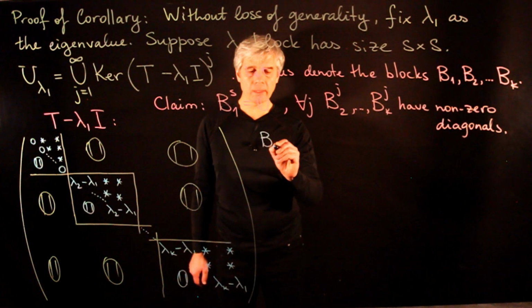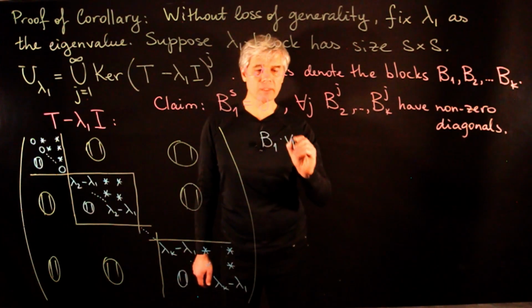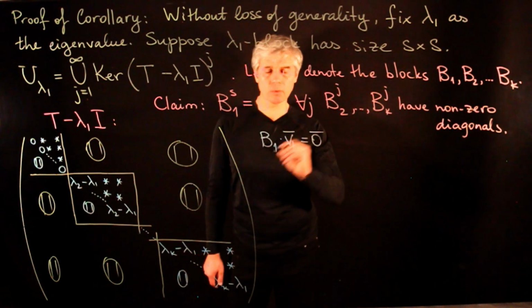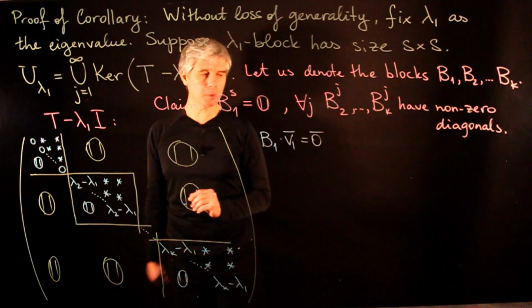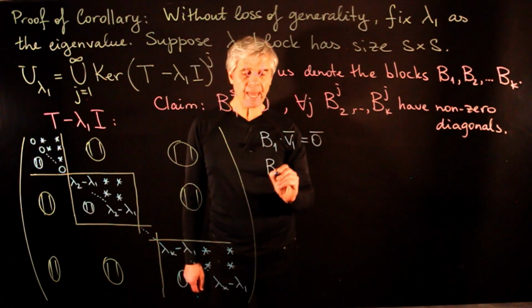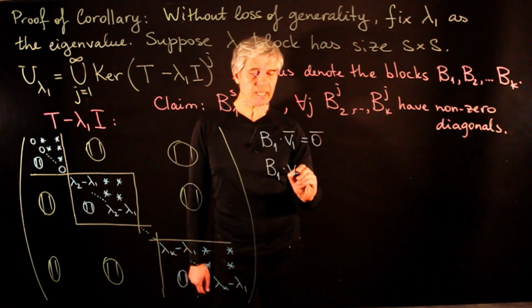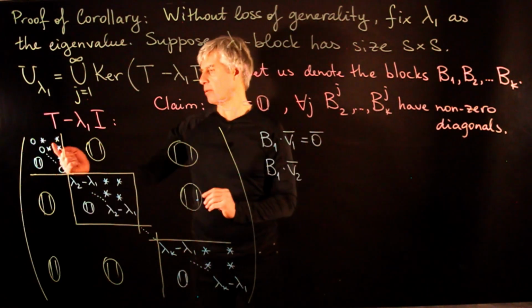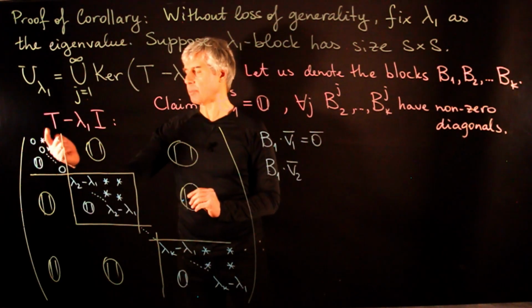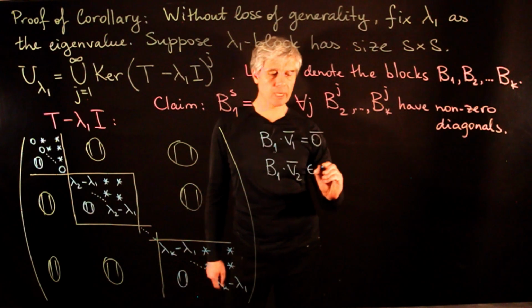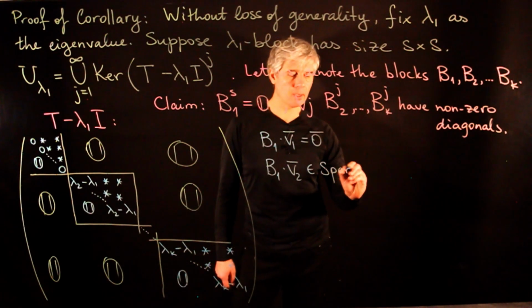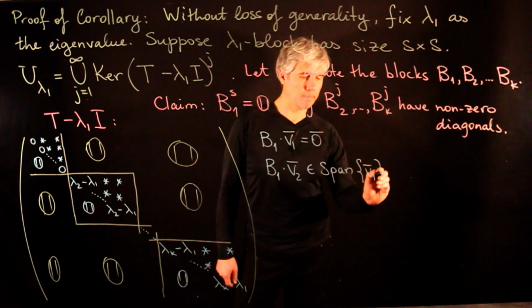So b1 applied to the first basis vector produces 0, since the first column is equal to 0. When we act with b1 on the second basis vector, the result is a scalar multiple of the first basis vector. So we can write that this belongs to the span of v1.